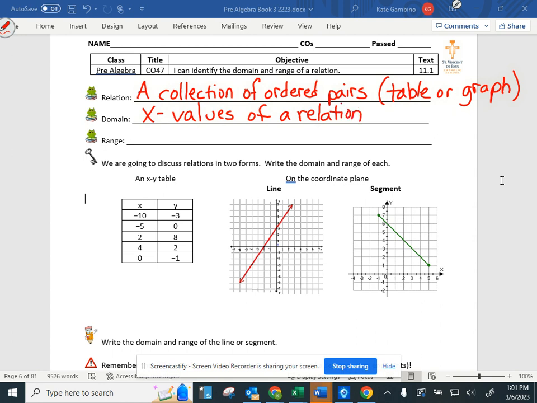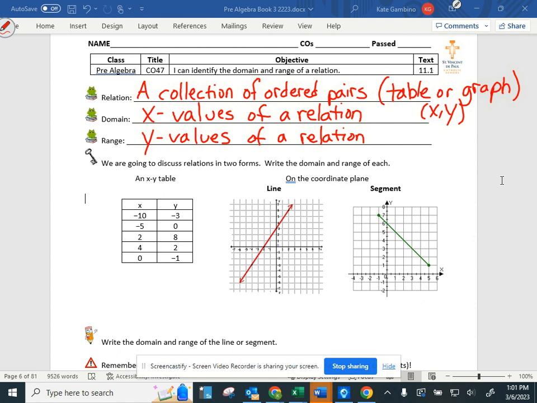Any wild guess on what the range is going to be? The y values of a relation. So when we talk about a relation, we're just talking about those ordered pairs. And remember, our ordered pairs are x, y. So the domain are all of the x's, the range are all of the y's.